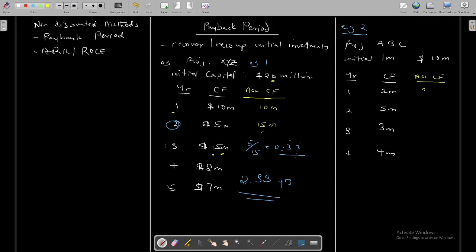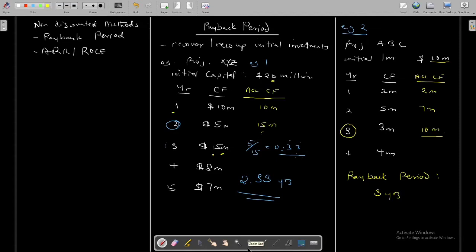Year 1 we got $2 million. Year 2 plus year 1 will give us $7 million. And year 3, $3 million plus $7 million will give us $10 million. So it took the project 3 years to recover the $10 million that it invested. So the payback period is 3 years.